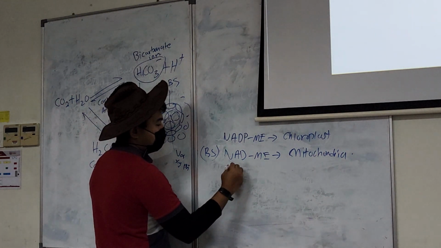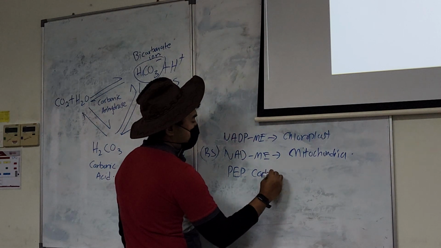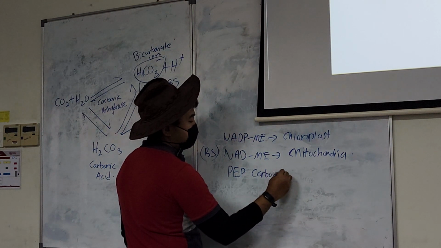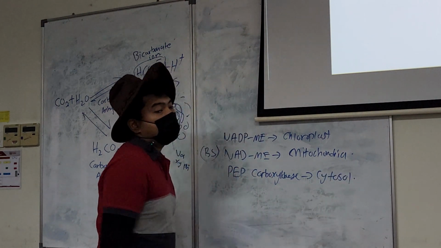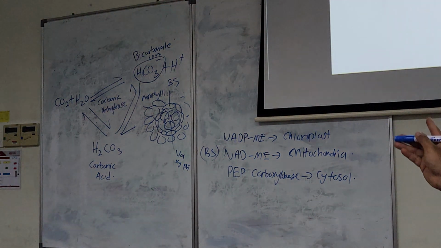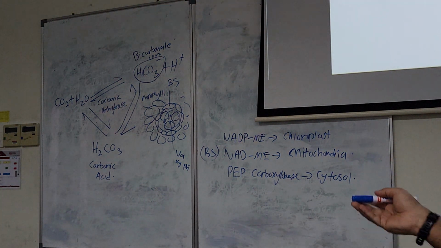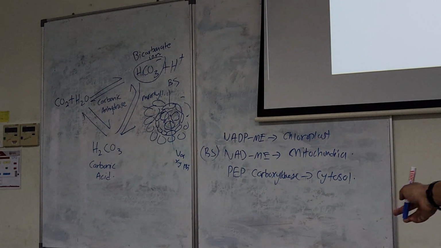This phosphoenolpyruvate carboxykinase happens in the cytosol. You can read. If the knowledge is there, then it's there. I do not know whether it's mentioned in here or not. Oh, different slide. I got it wrong. But the info is there.